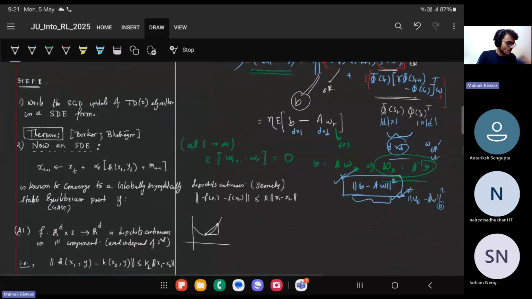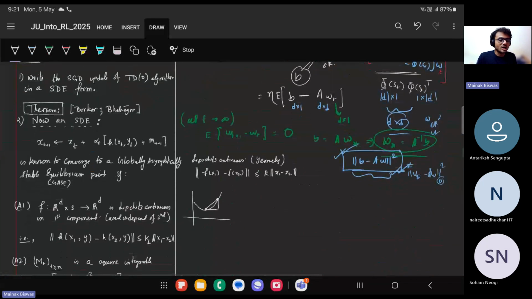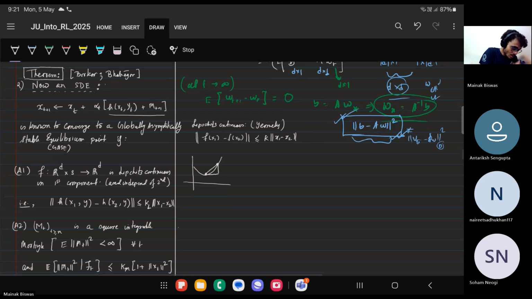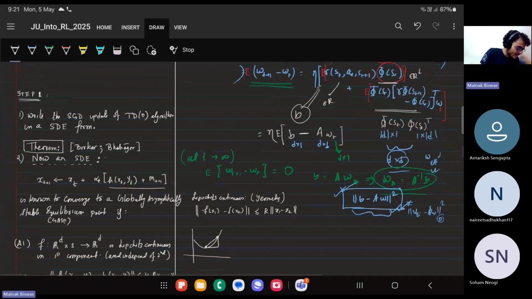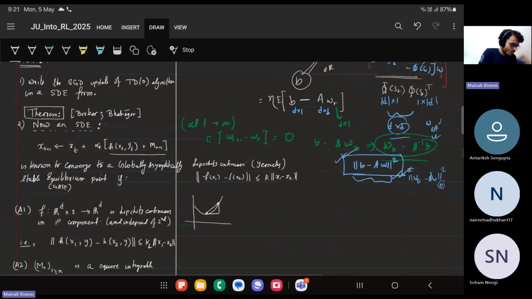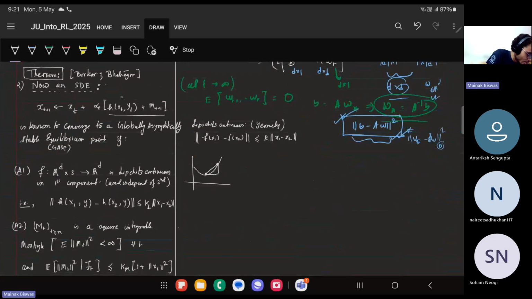Okay. So now there is a result from Borkar. This is a famous result. We can't prove this. This is a very involved result from stochastic differential equations, but we can use the result. What does the result say? That for a stochastic differential equation of this form, this converges if the following holds. Here is my stochastic differential equation. You have two terms over here.